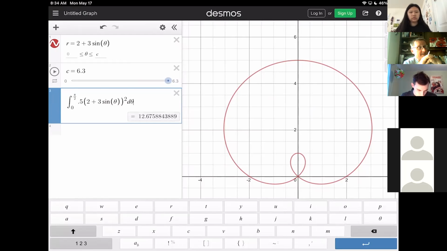So had I left the half out of this, I would have got 24. Can you stare at that and kind of see? Yeah, that looks about right. We can't really check it, but does that look like it would be about 12? Let's see, it looks like it has a height of 5.